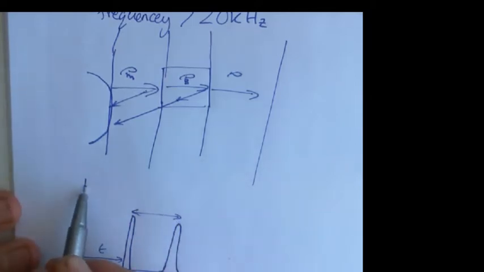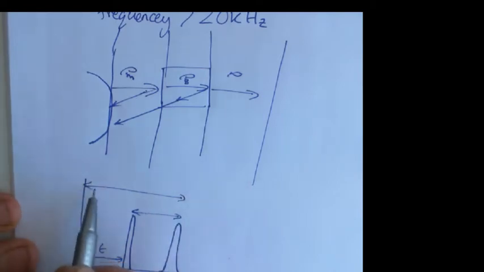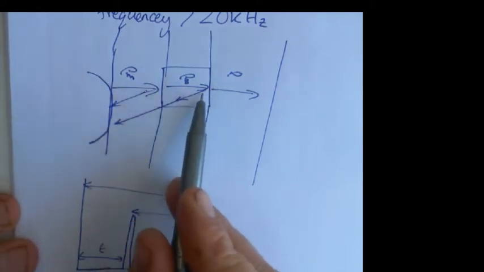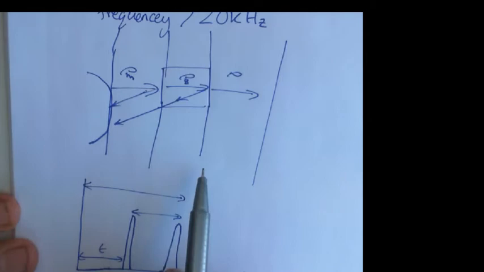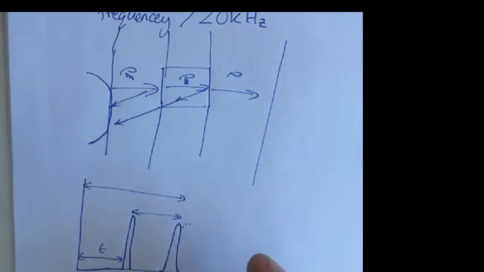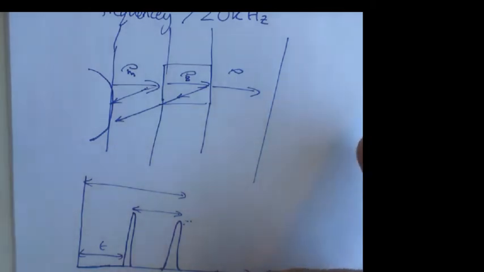The total time here is the time it's taken for the wave to go from here to here, and the difference between the two peaks is how thick the bone is. So to work out how thick the bone was, you use a half of that time times the speed of the wave in the bone. Okay, and then so on.